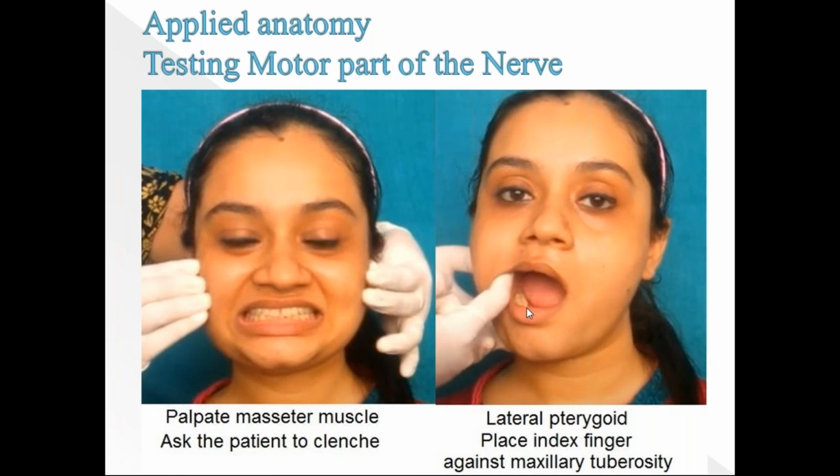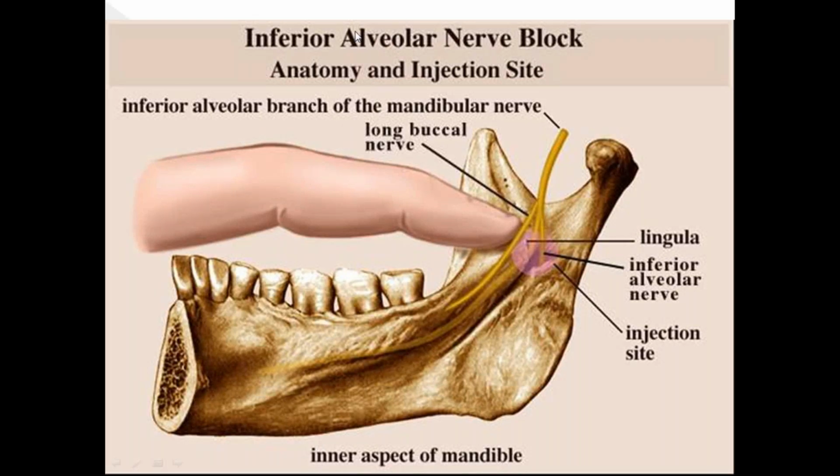Okay. So other than this, if you see other important applied aspects, actually inferior alveolar nerve block is the commonest nerve block given by the dentist. To remove dental caries or any dental procedure related to the lower jaw is mainly done by giving anesthetics to the inferior alveolar nerve.